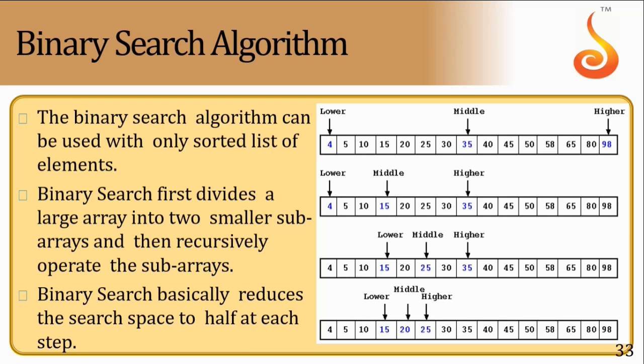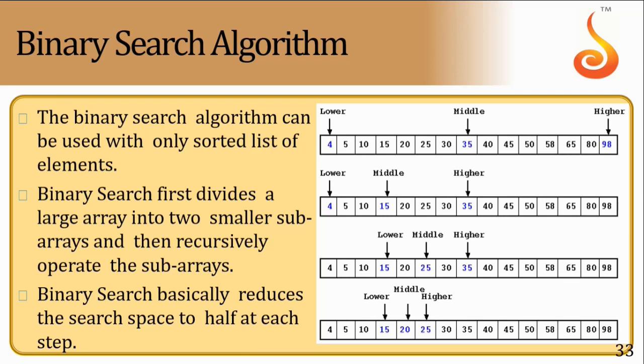But in binary search, it has to be a sorted list only. That is, you cannot apply the binary search algorithm to search for an element in an array if the list is unsorted. You can apply it only on a sorted list. The list can be placed in either ascending order or descending order, but it has to be a sorted list only.